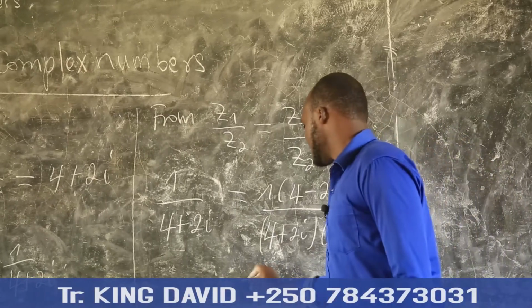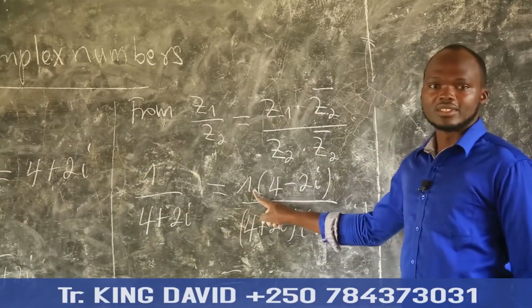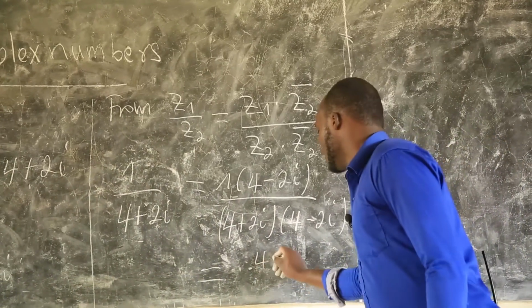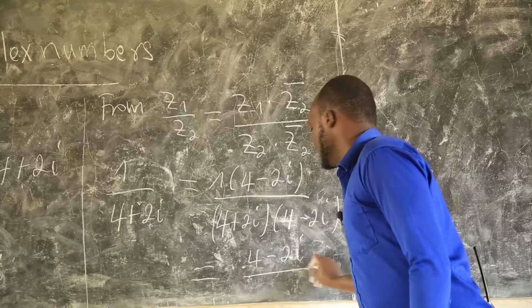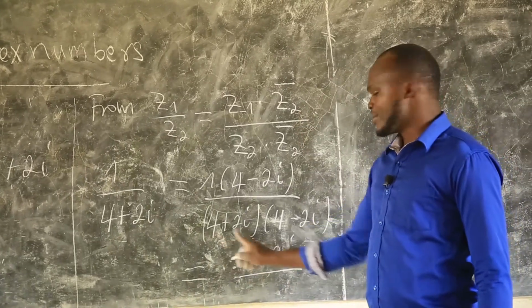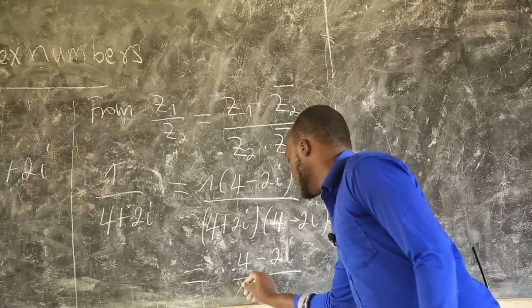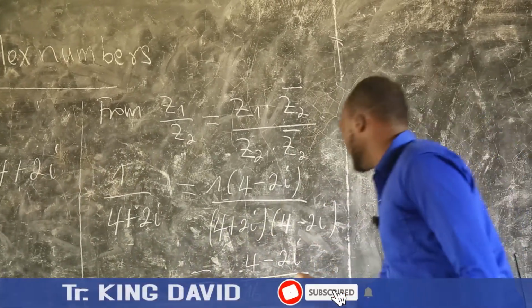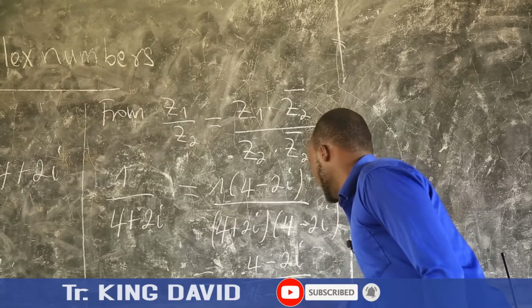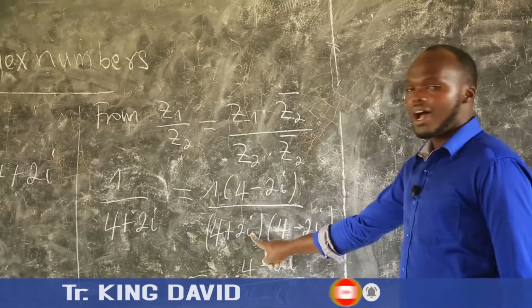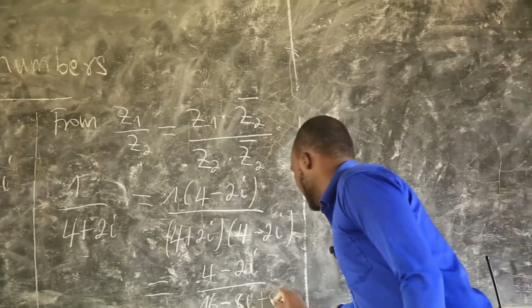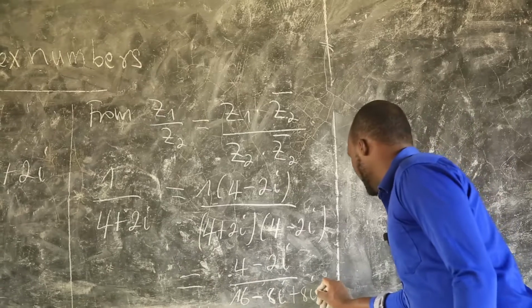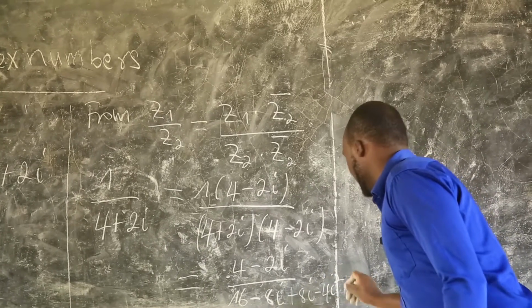So now the answer is 1 times, you know that 1 times a number is that number, which is 4 - 2i, divided by 4 times 4, that is 16. 4 times -2i, that is -8i. 2i times 4, that is 8i. Then 2i times -2i, that is -4i squared.